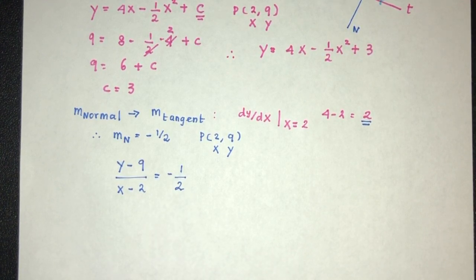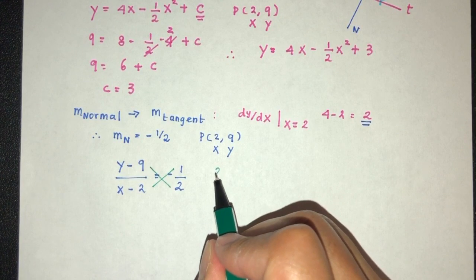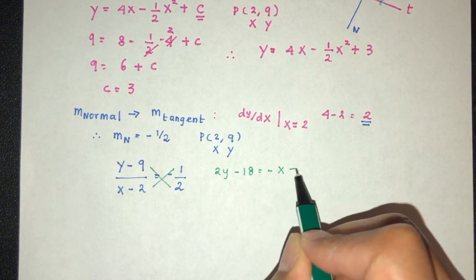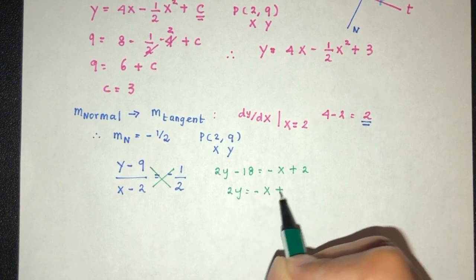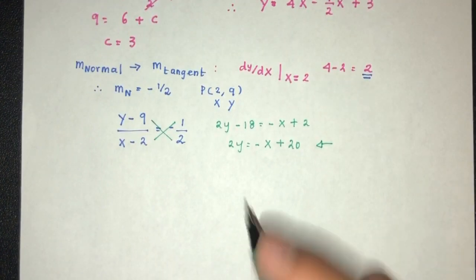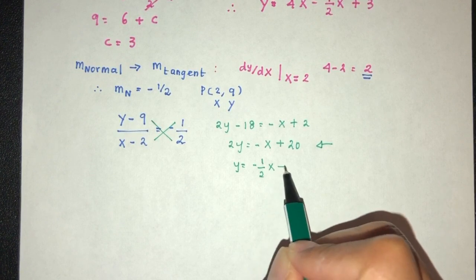If you have your own method, you can use it as well. Cross multiply, you will have 2y minus 18 equal to minus x plus 2. So 2y has to be minus x plus 20. That will be my equation of the normal. Again, if you want to make y the subject, that is okay as well. It is up to you.